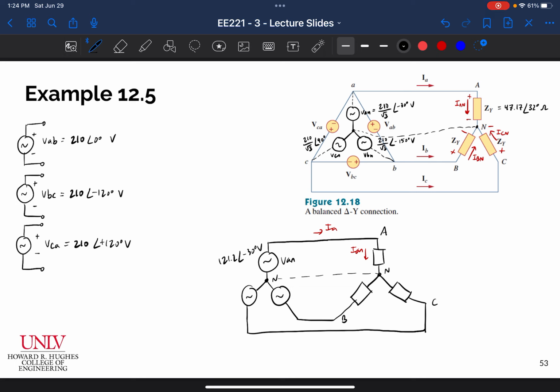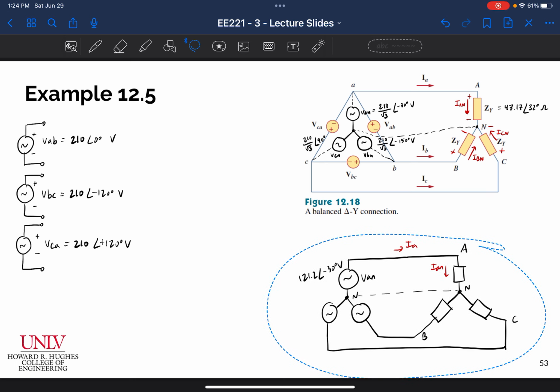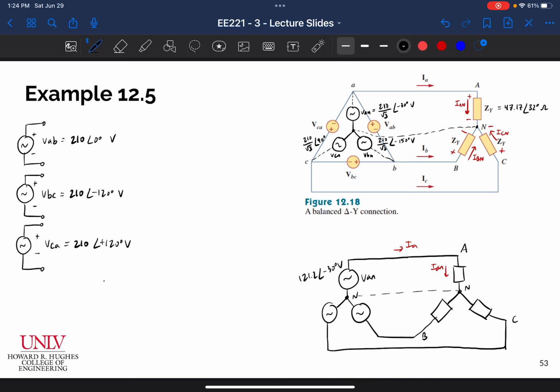And so if we wanted to find IA, again, let me just move this down here. We can very easily find IA because we know that it's just going to be VAN divided by ZY. So in this case, it's going to be 121.2 angle negative 30 degrees volts divided by 47.17 angle 32 degrees ohms.